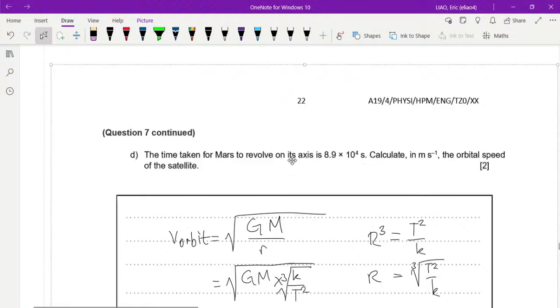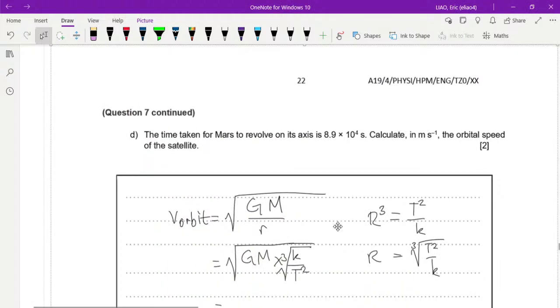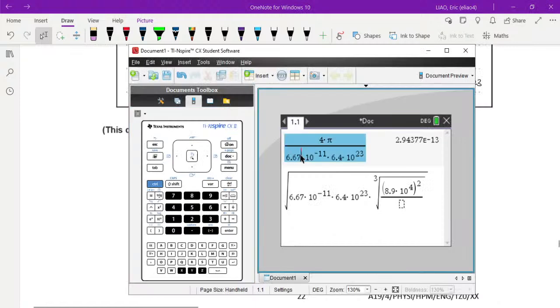Cube root of T squared, so K, and K was calculated in the previous question to be this.